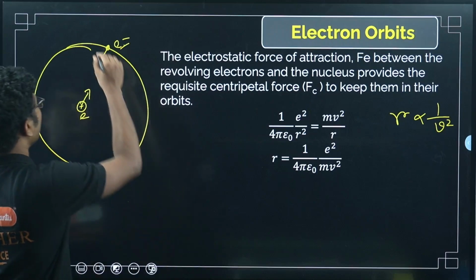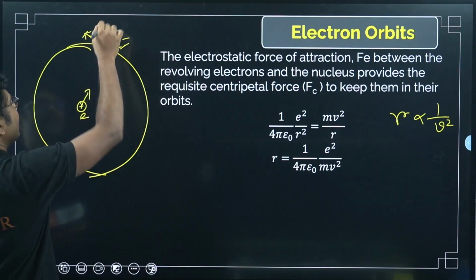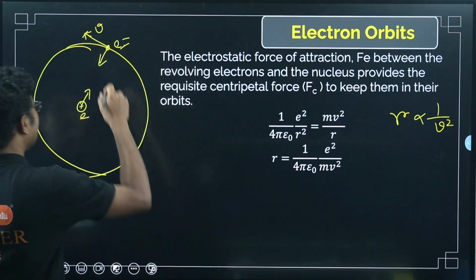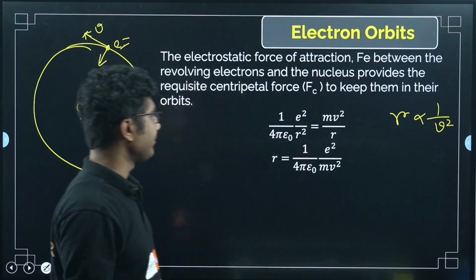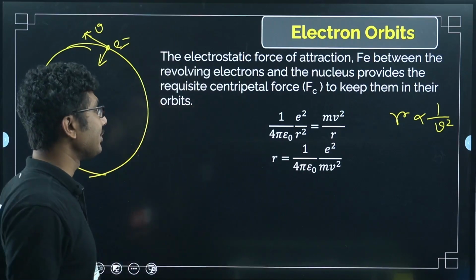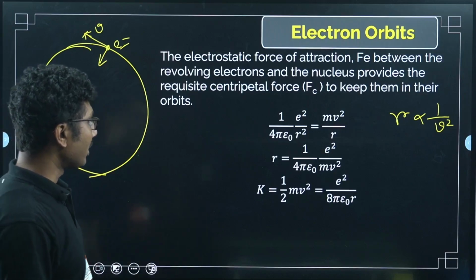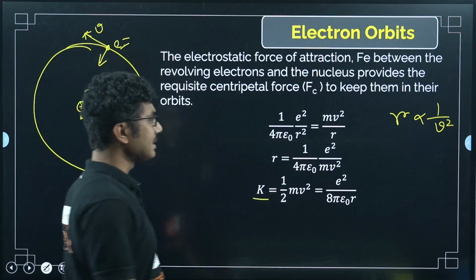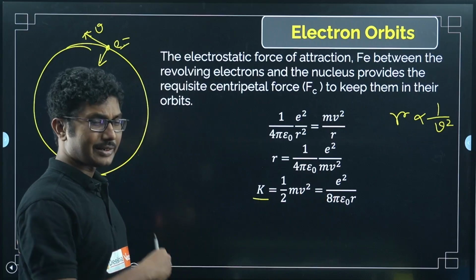Whatever velocity the orbiting electron has, the radius is proportional to 1 by V square. Now this is not 100% correct. We will discuss that in the second part of Bohr's model. But for now you can even find the kinetic energy: kinetic energy is E square by 8 pi epsilon naught R. This is just a value.